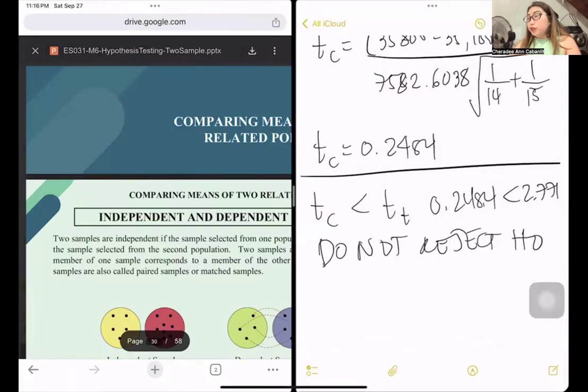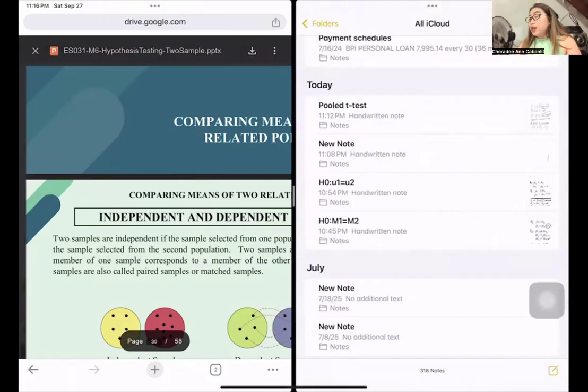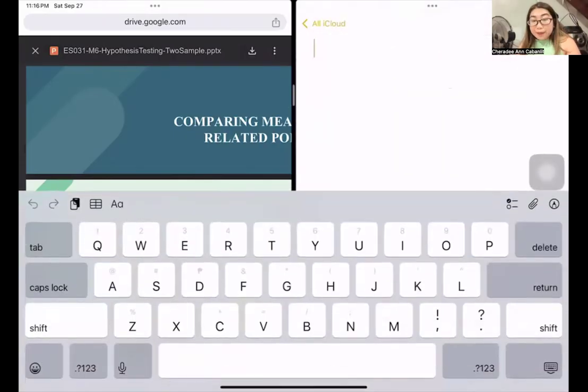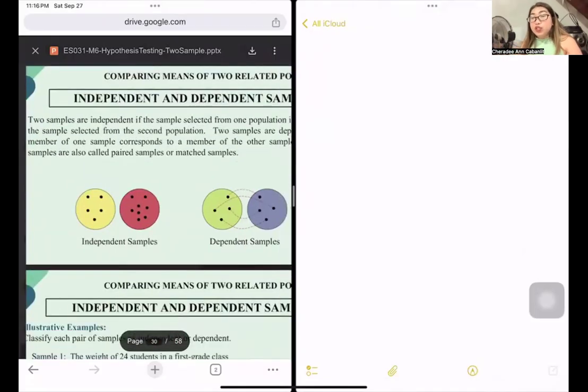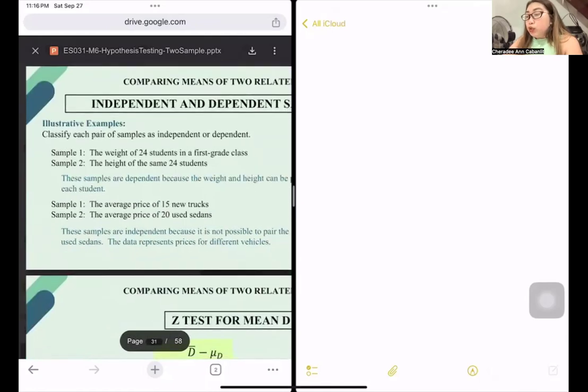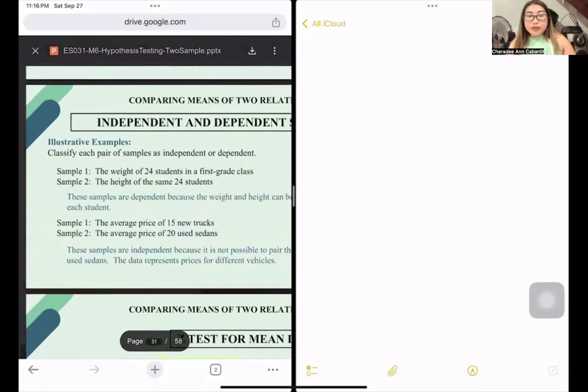Now let's go to the third one, which is the independent and dependent samples, wherein it says that we will use paired t-test only for dependent samples. The sample I gave, like some mock board and the board exam. So, for example, here, sample size is weights of 24 students in the first grade class and the height of the same 24 students.